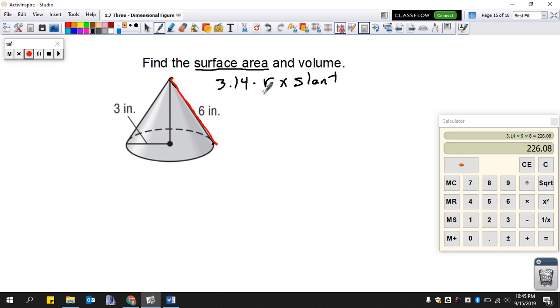All right, 3.14 or pi times the radius times the slant height, plus 3.14, the area of the base, 3.14 times the radius squared.